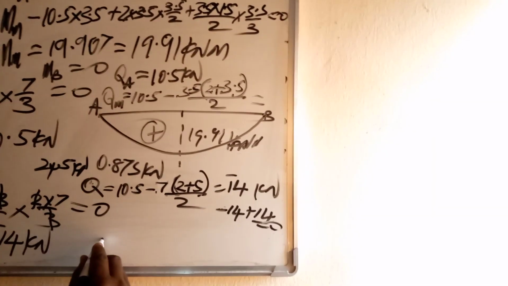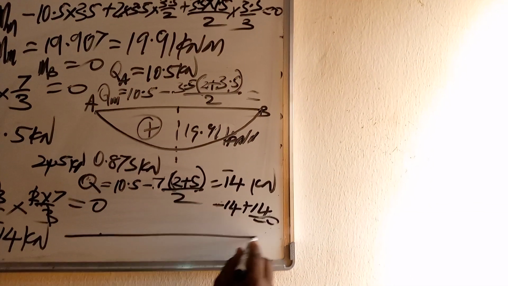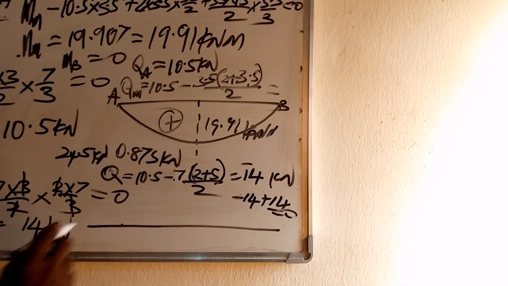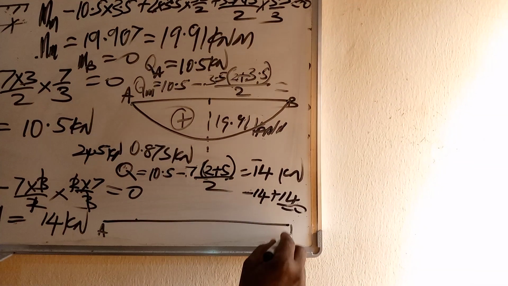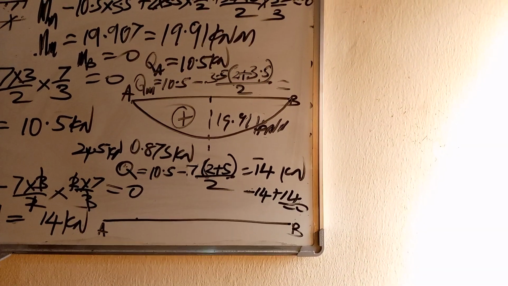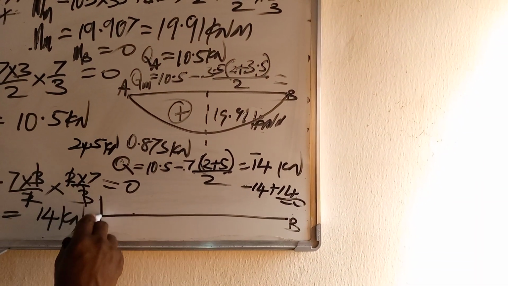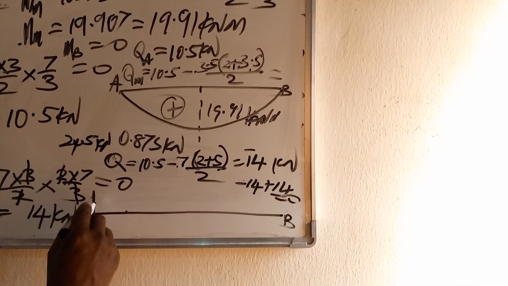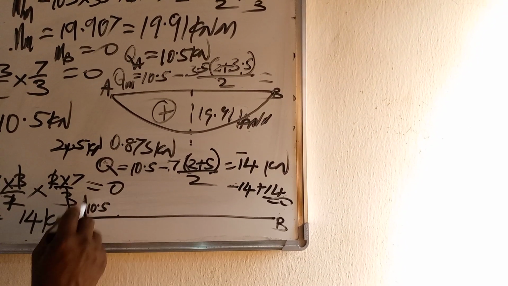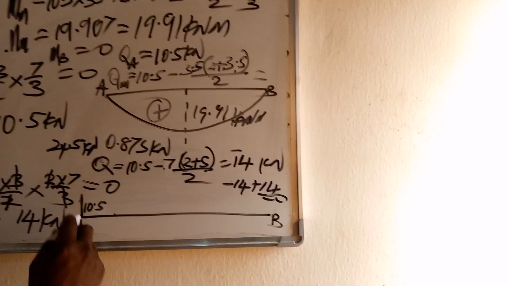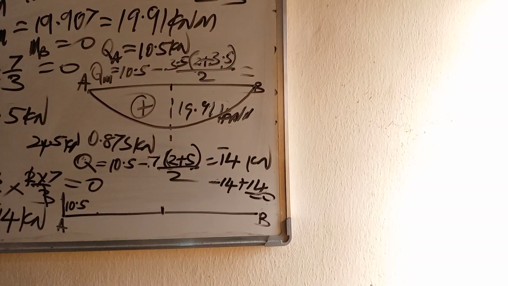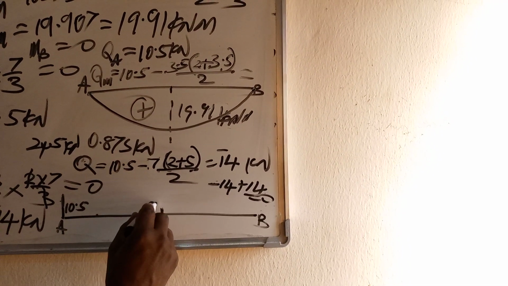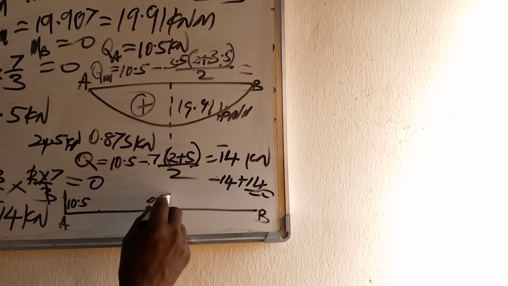So the shear force diagram would be like this. If this is A and this is B, at A the shear force is 10.5. It starts reducing. At the middle, it was 0.875.